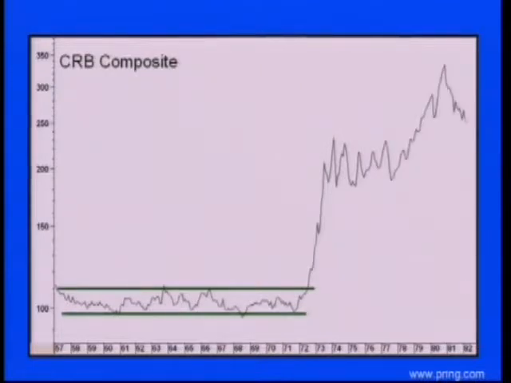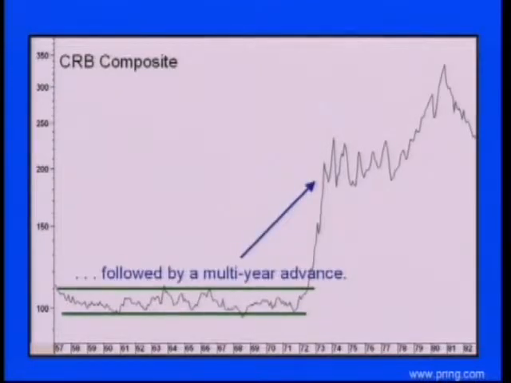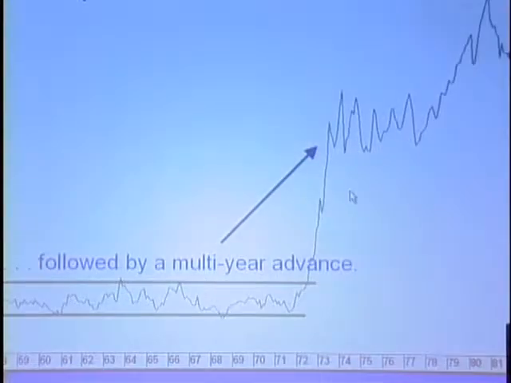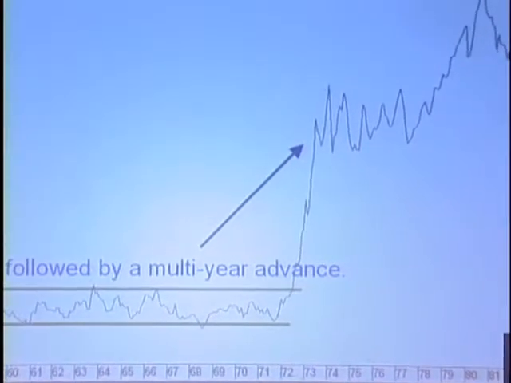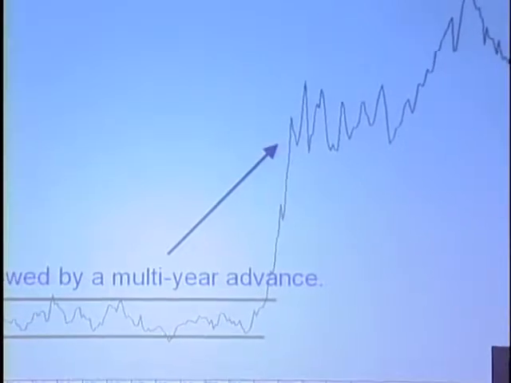In this case, we had a dramatic rise in commodity prices. There was really no way of forecasting such a dramatic rise out of this pattern. Merely that this pattern represented a trading range for a long period of time, and that prices were likely to move significantly higher, more than just the minimum ultimate upside objective. But there was no way of predicting such an explosive breakout. It is an example of how the longer the pattern, the greater the significance when the breakout comes.